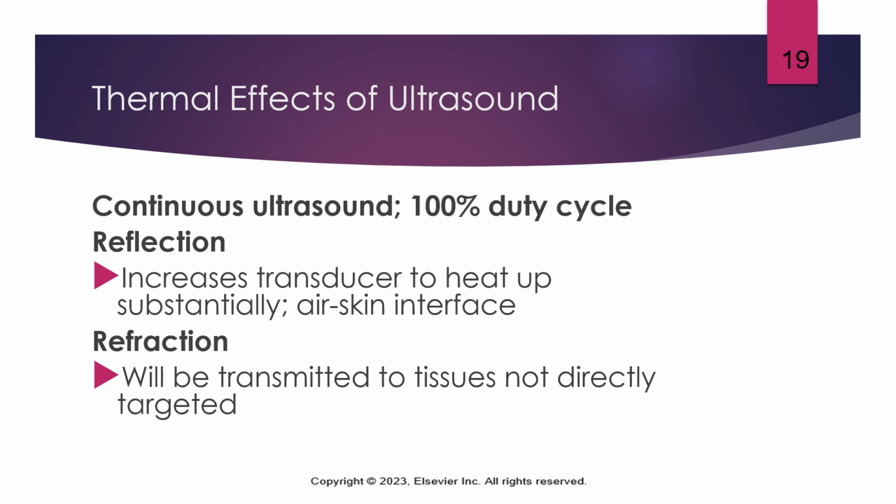That means that the entire treatment time, if we set it for 8 minutes, the sound waves are going to be produced the entire time. It's not cycling off or cycling back on. It's going to be 100% of that time energy is being delivered to those tissues.